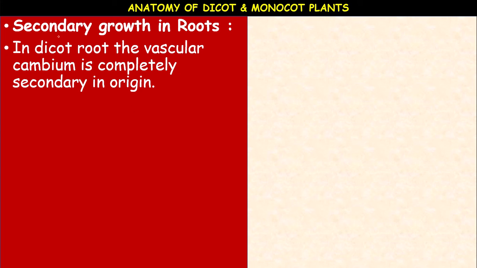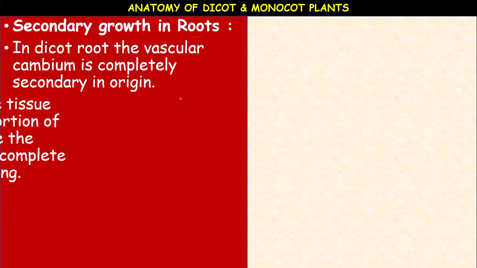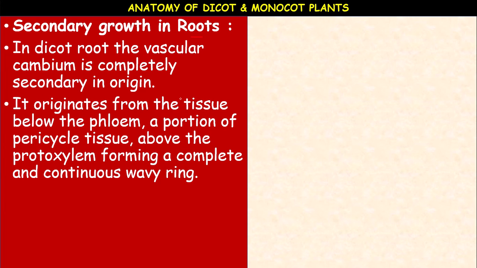If you come to the secondary growth in roots, in dicot root the vascular cambium is completely secondary in origin. It originates from the tissues below the phloem, a portion of pericycle tissue and above the protoxylem, forming a complete and continuous wavy ring.